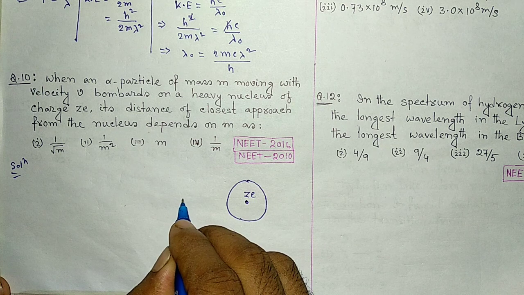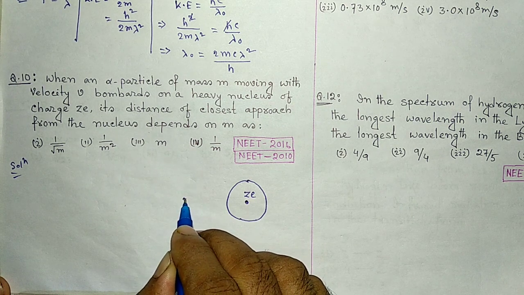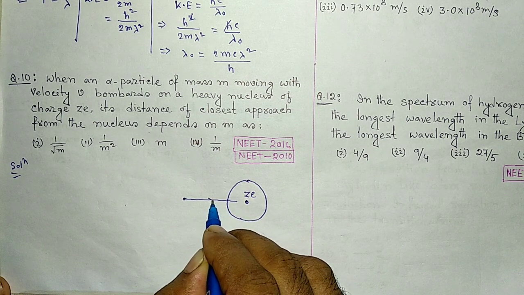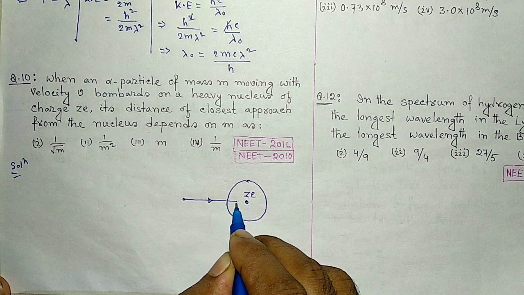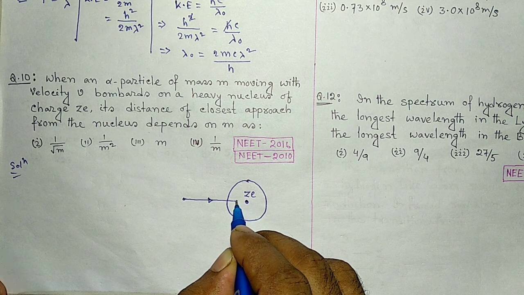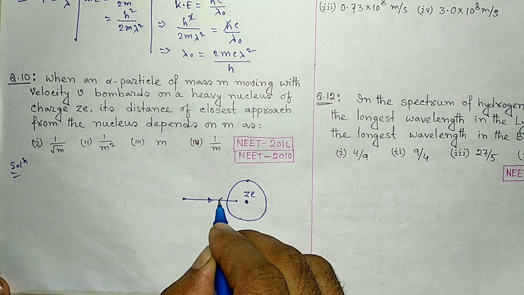Now if an alpha particle is bombarded head-on, its kinetic energy is converted into potential energy, its velocity becomes 0, and due to the Coulombic repulsive force it comes back.